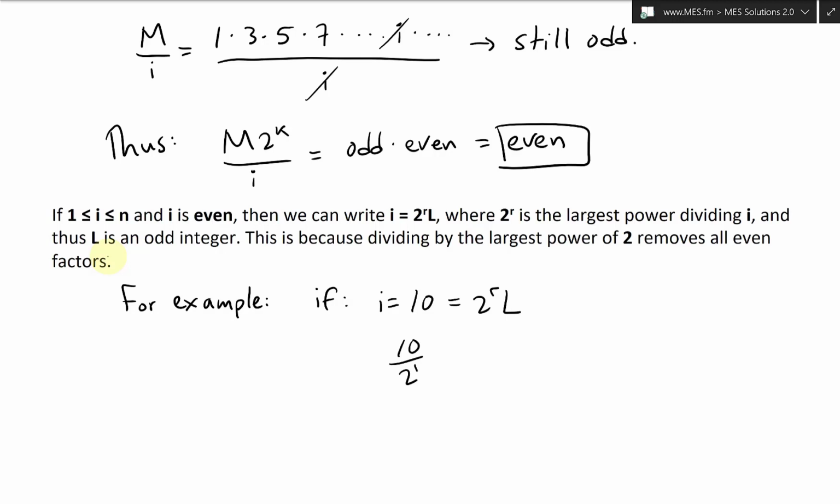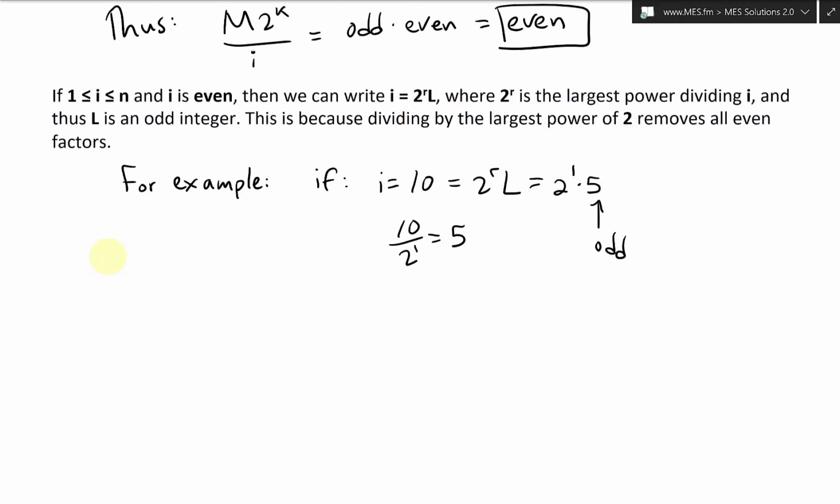You can't divide this by 4 because that would give 2.5, and that's not a whole integer. So this equals 5. In other words, this equals 2 to the power of 1, where r is the highest power dividing i, which is 10, times 5. And again, this is odd, because you're taking all of the factors of 2 out of there. That's pretty much what that means.